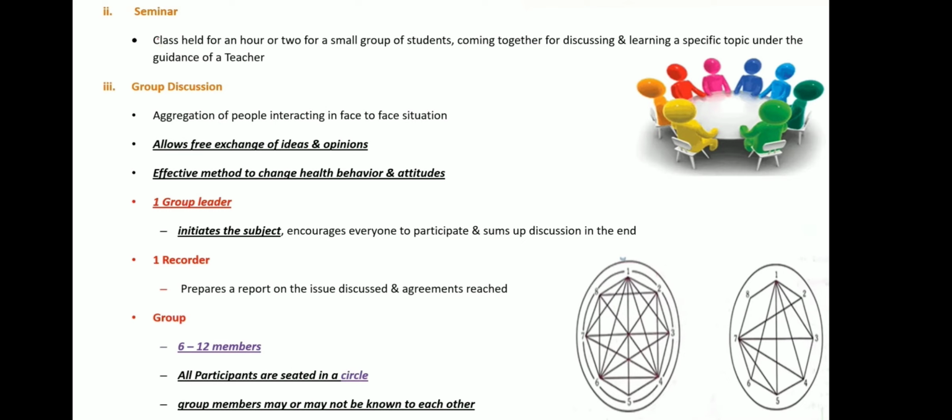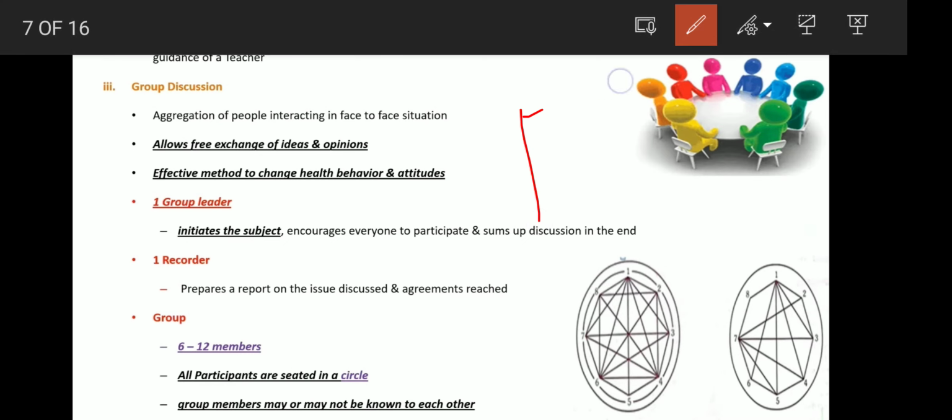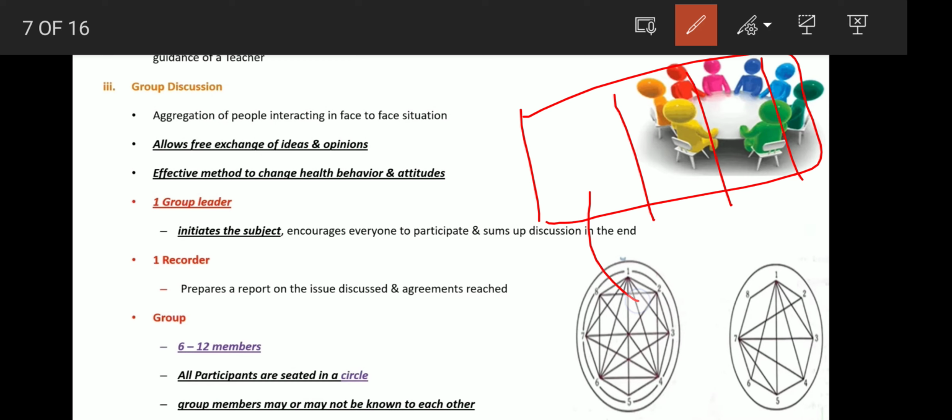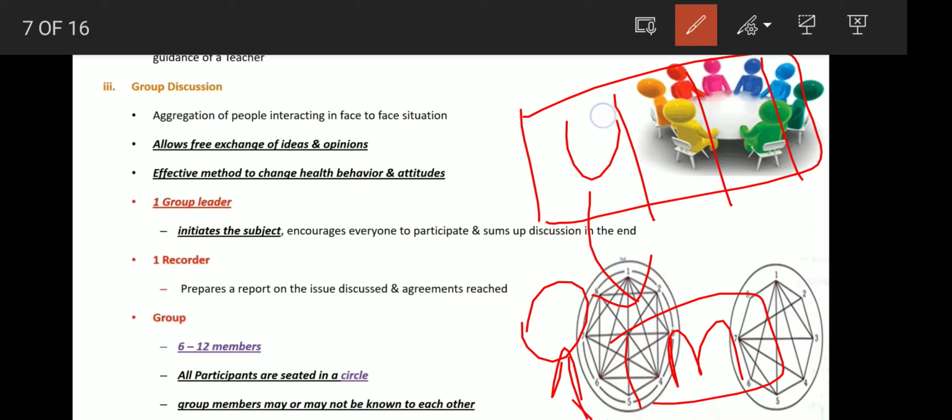We divide the group of people into small groups of students, and they come together for discussing, for learning one specific topic under the guidance of the teacher. We have the groups divided, and each of them will be attending the seminar under the guidance of the teacher. So Monday group A will be attending, group B on Tuesday, group C on Wednesday. So this is how the seminars are held, where a class is held for an hour or 2 hours for a small group of students.